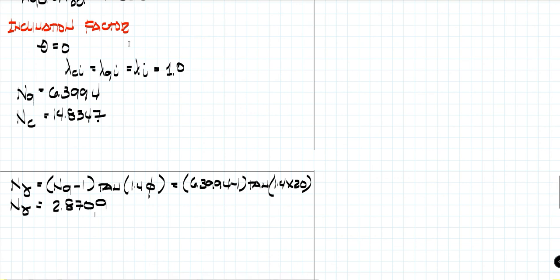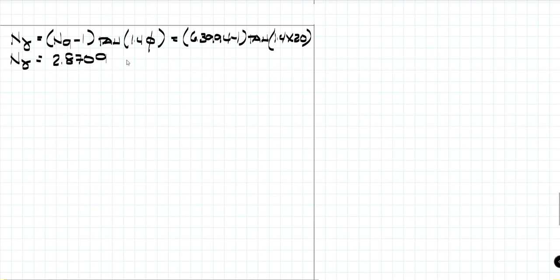So, having these factors, we can now compute for the ultimate bearing capacity using the Meyerhof's equation. So, we have the value of C, which is 20 times 14.8347 times lambda CS, which is 1, times lambda CD, which is 1.1333, times lambda CI, which is 1 din.